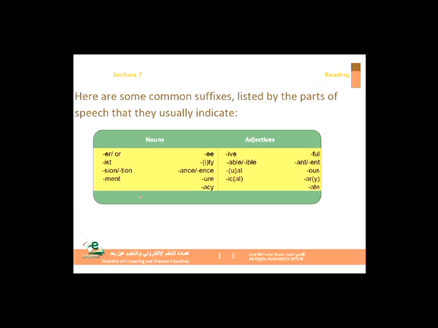Here we have some examples of suffixes that we can use to create nouns. And there are, of course, suffixes that we use to create adjectives. Look at word endings, and if they end in this kind of suffix, then you know that this is a noun.